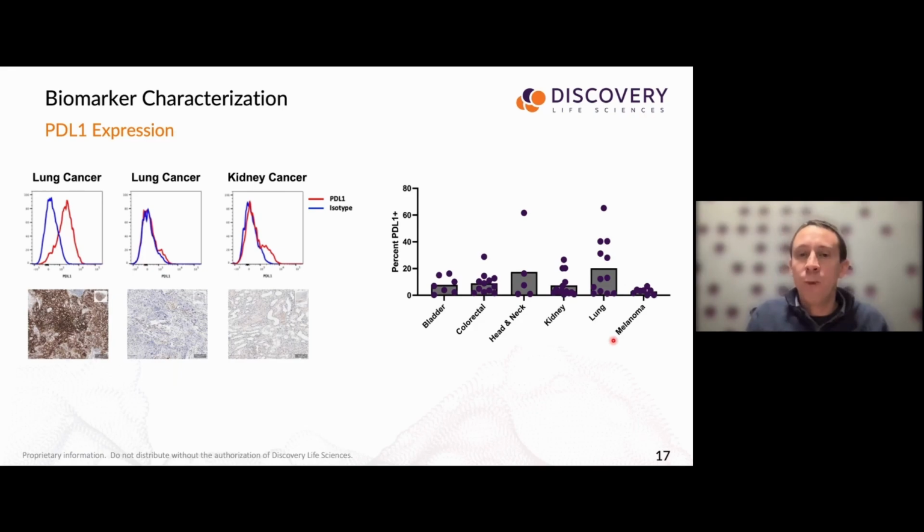And we can see that if we look for the percentage of PD-L1 positive tumor cells in each of these, it really does vary quite a bit, with some patients having high expression, like these patients observed in head and neck and lung cancer, where others really in any cancer can have low or no expression of PD-L1. So we do now have a robust assay that we can use to screen our DTC biobank for PD-L1 expression for potential tumoroid development from those indications.